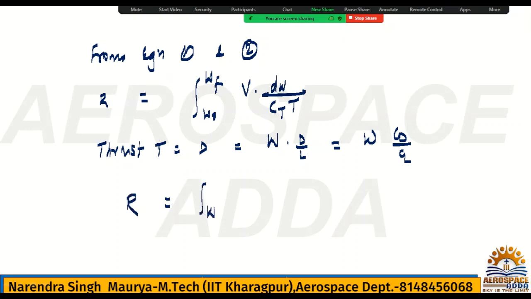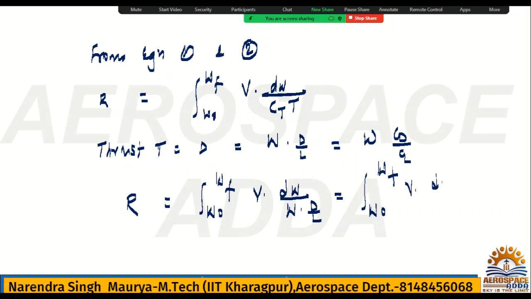You will get the integral from W naught to WF of V into dW divided by W into D by L, or same thing, V into dW by W into CL by CD.